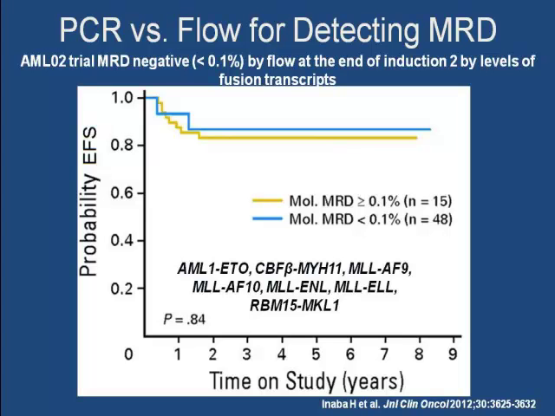Now, there are many limitations of this study, and one is that the PCR analysis for these have different levels of sensitivity. So ultimately, I think it remains to be determined whether flow cytometry, molecular PCR, or cytogenetics is the best way to monitor people for minimal residual disease.